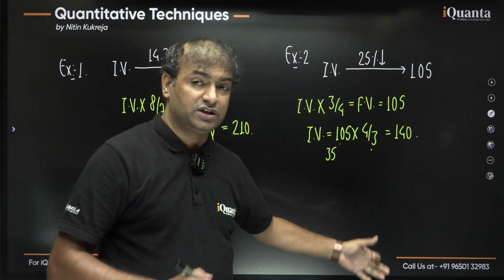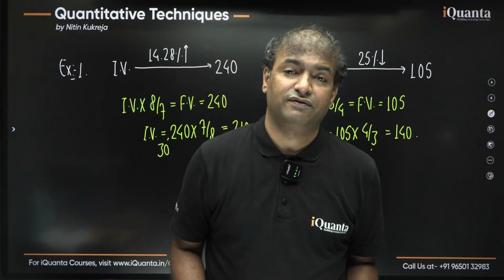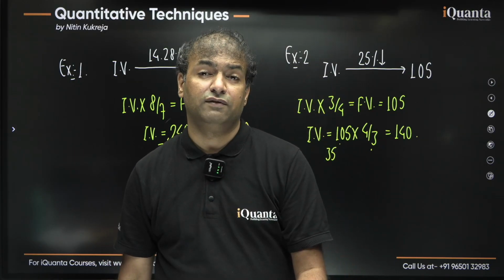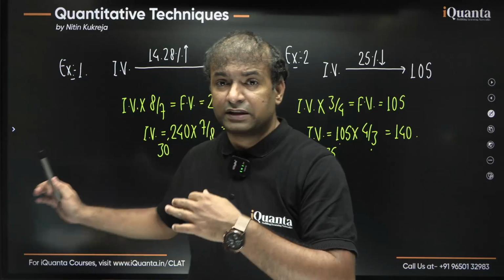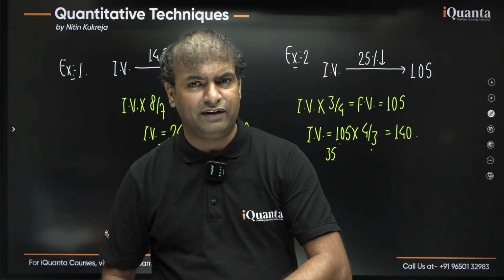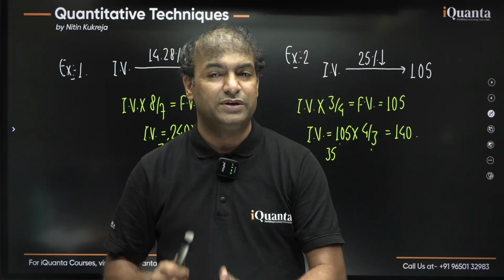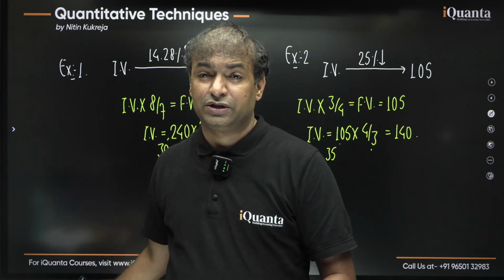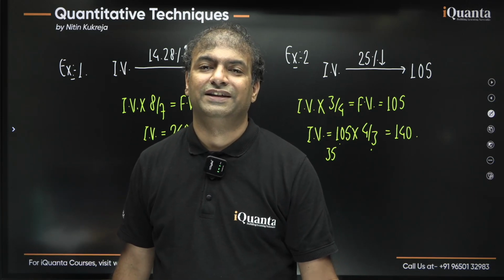So using the multiplication factor can help us a lot in the questions in which we have to find the initial values. These methods can also be helpful in finding the final values or the percentage changes, but the best application of the multiplication factor is when we have to find the initial values.